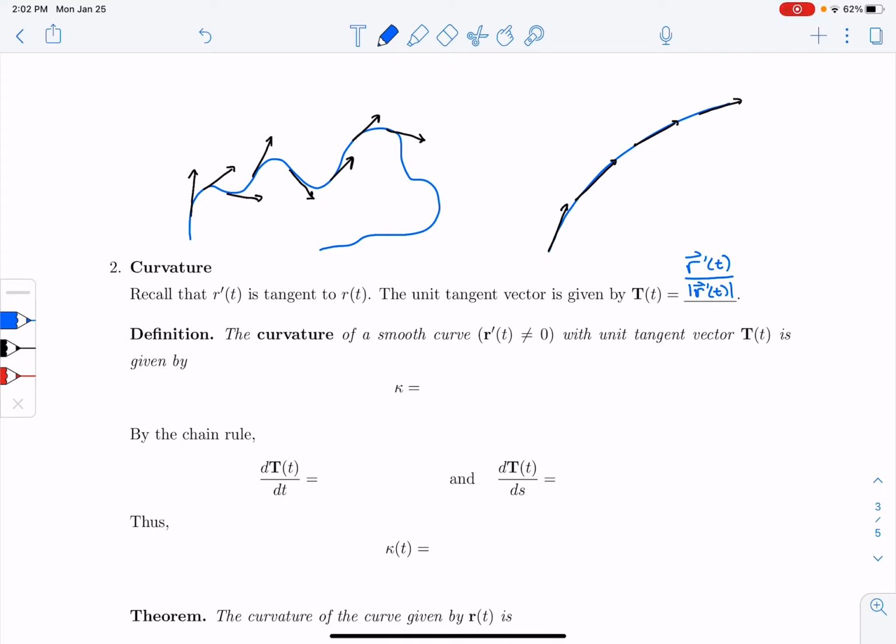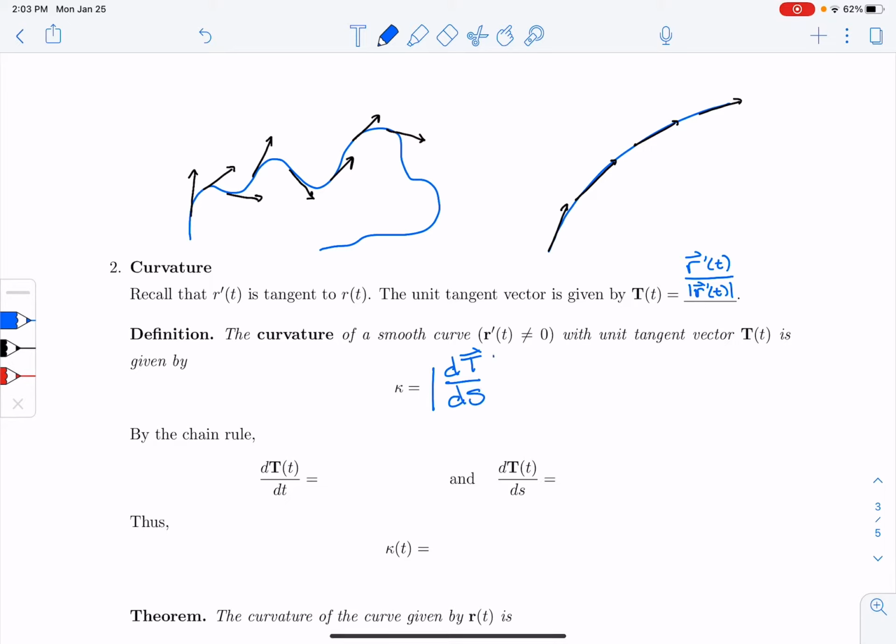So the curvature of a smooth curve, that's one where r prime of t is not equal to 0, with a unit tangent vector T of t, is going to be given by the magnitude of the derivative of the tangent vector with respect to arc length.